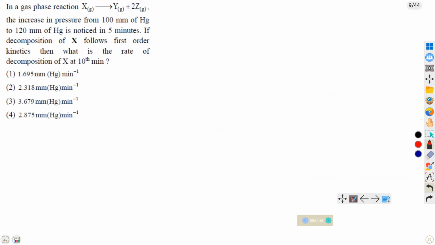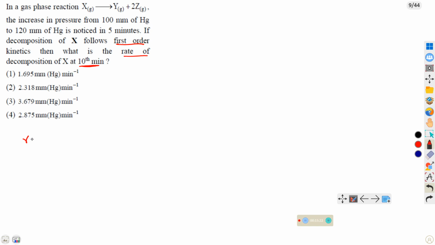In a gas phase reaction, X gives rise to Y plus 2Z. The increase in pressure from 100 mm of Hg to 120 mm of Hg is noticed in 5 minutes. If the decomposition of X follows first order kinetics, then what is the rate of decomposition of X at 10th minute?